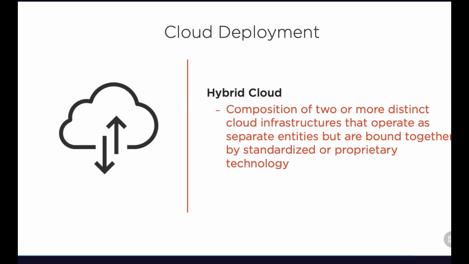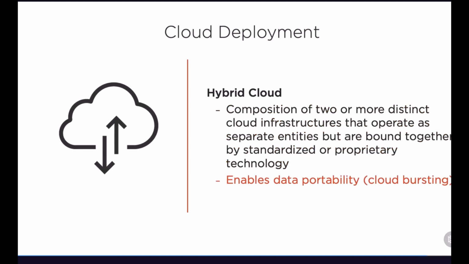It could be, of course, that we have a couple of different infrastructures that operate and cooperate. We could say that even though they're separate entities, it's seamless often to the cloud consumer because the data can pass back and forth between them without any restrictions. So this allows what we called before cloud bursting, where I can easily move some of my processing off to another facility, and is what we would therefore call data portability.